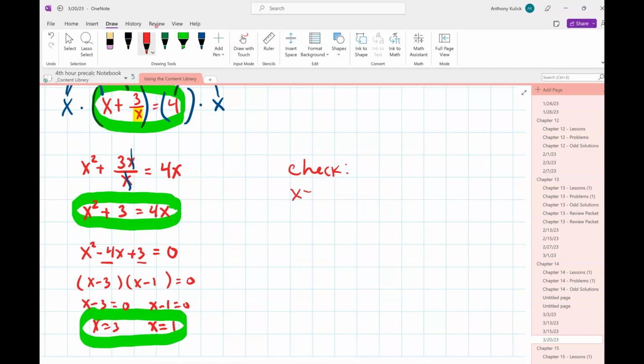So if I check x equals 3, I'm going to go back to the original equation, and everywhere where there's an x, I plug in a 3. 3 plus 3 over 3 equals 4. Well, yeah, because 3 over 3 is 1, and 3 plus 1 is 4. We'll do the same thing with the 1.